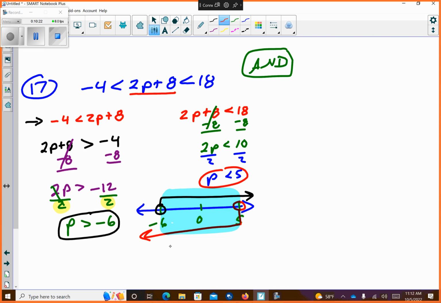Now I'm going to read interval notation from left to right. So soft bracket, -6, comma, 5, soft bracket. Soft brackets on both because they are both open dots. They didn't have the line under the inequality. This is an and problem. Okay?